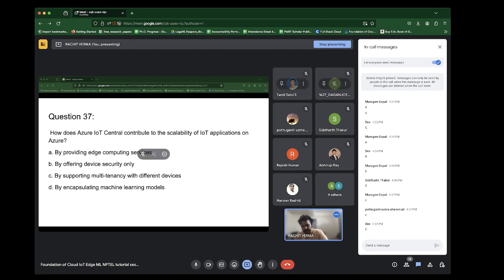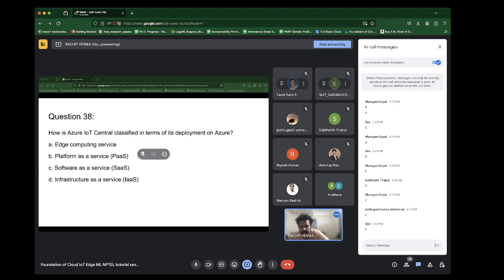B would be the wrong answer, because it does not only provide device security, and Azure IoT Central is not exactly for edge computing. It's for handling the IoT devices, and as far as encapsulating machine learning models is concerned, that is not its primary purpose. Its primary purpose is to handle these IoT applications.